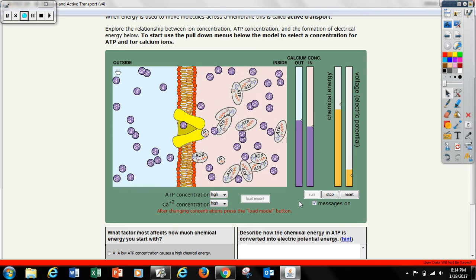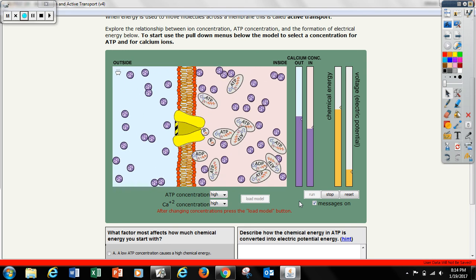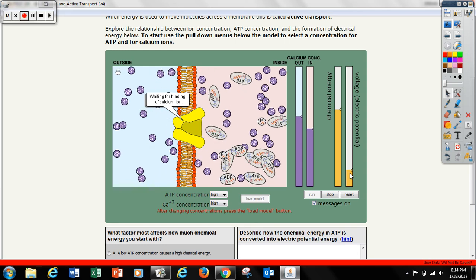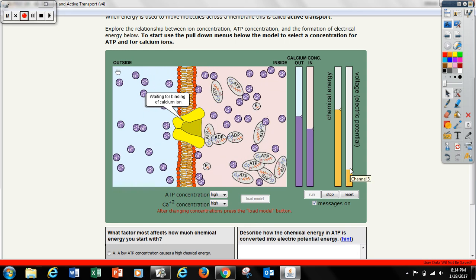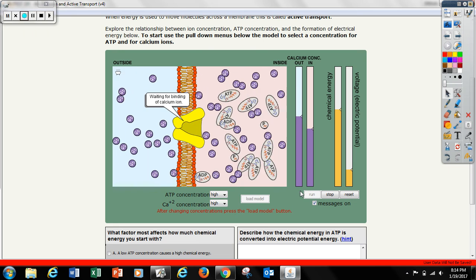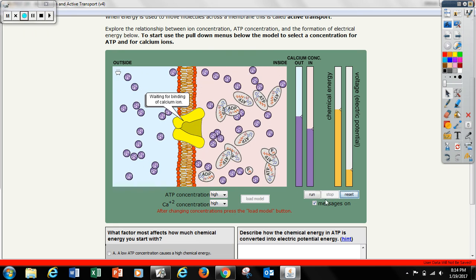Okay, release of energy, calcium goes out in the other direction, and we're now increasing that electric potential, and so on and so forth. And so that is how we get that electric potential. We know we need it so that we can conduct current, so that we can do many, many functions in our body. All right, hopefully this is more helpful.